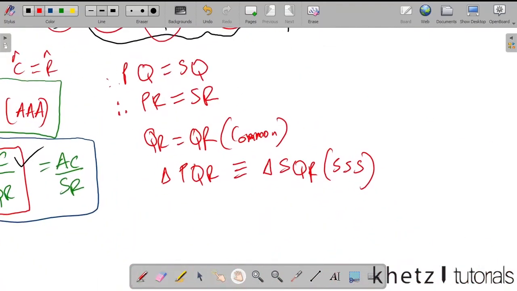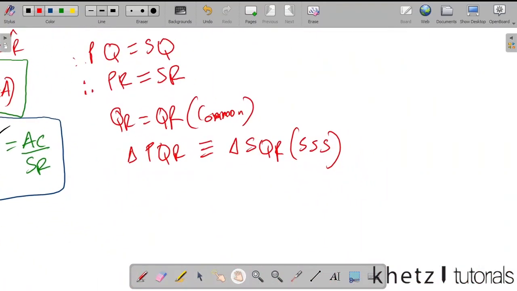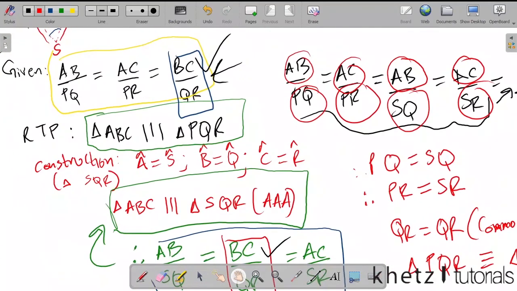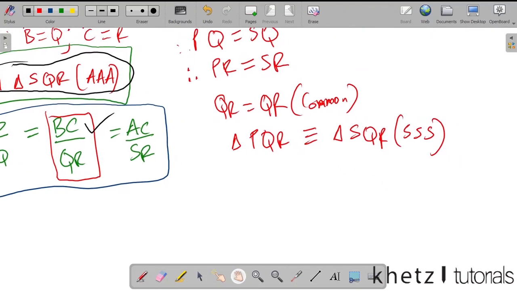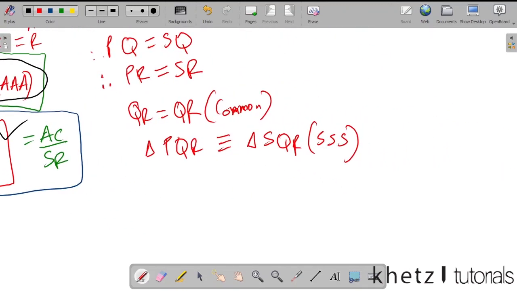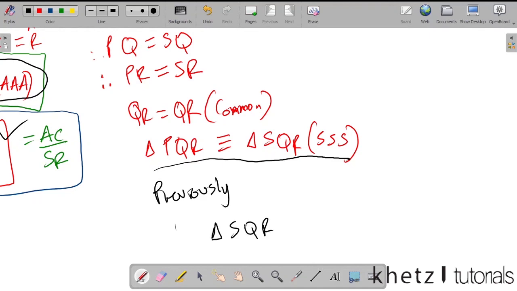So now that we've established that, we also previously established that ABC is similar to SQR. And now we said that PQR is exactly the same as SQR. So previously we established that SQR and ABC are similar.